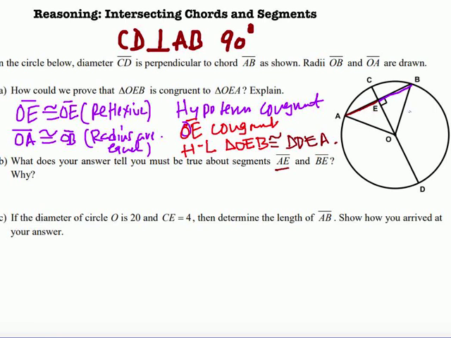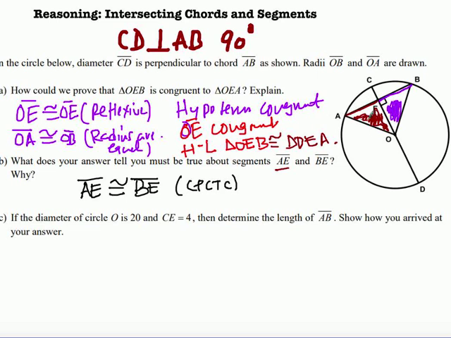AE is coming from this triangle and BE is coming from this triangle, and we already know these two triangles are congruent. That tells you that AE must be congruent to BE because of CPCTC: congruent parts of congruent triangles are congruent. Since we already know these triangles are congruent, then the other sides must also be congruent by CPCTC.